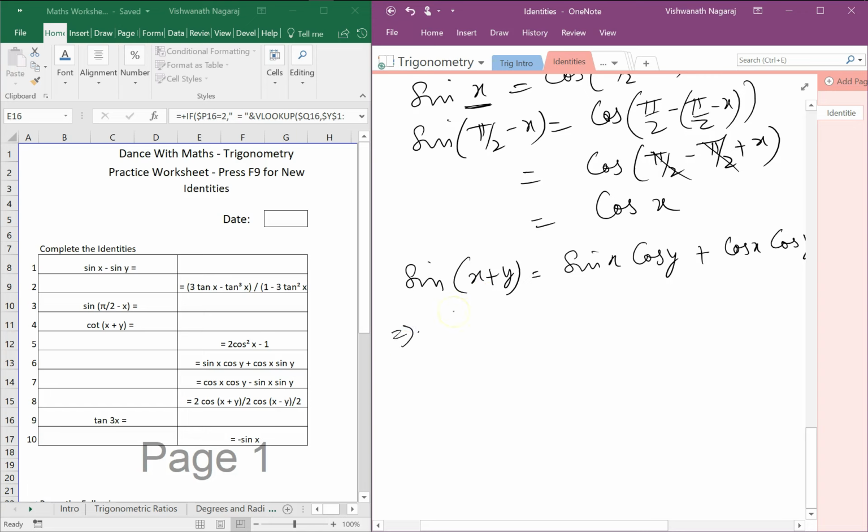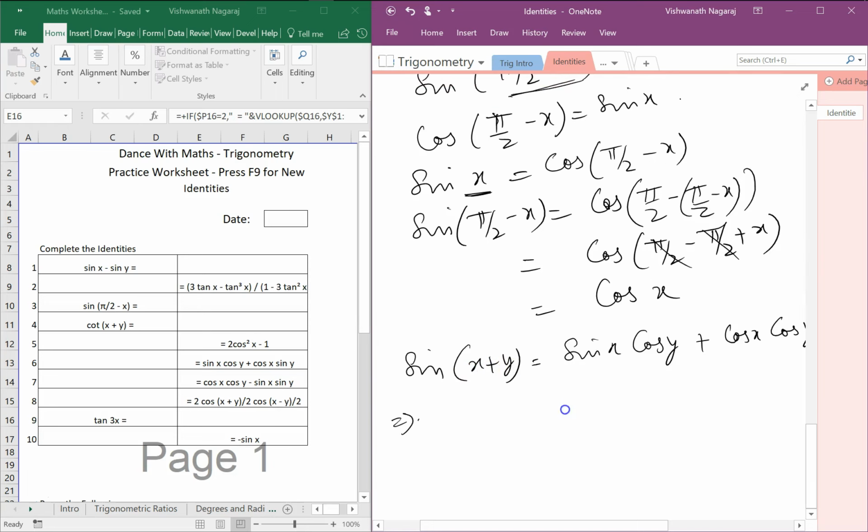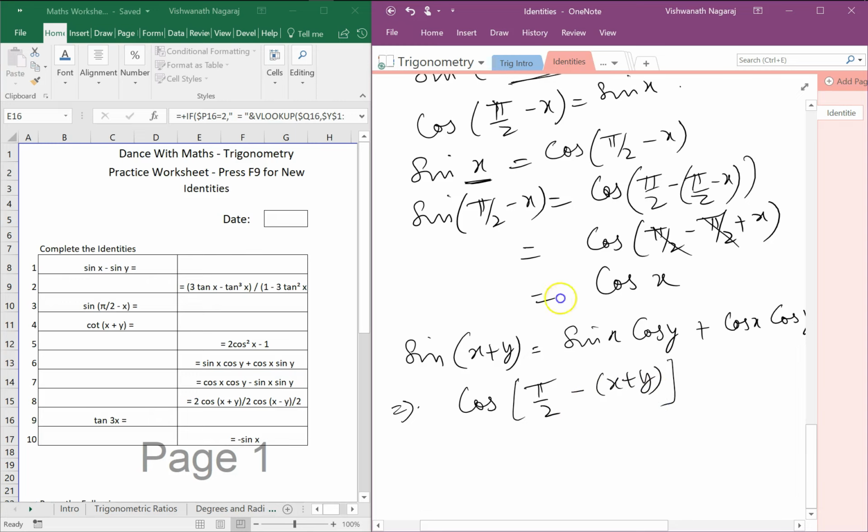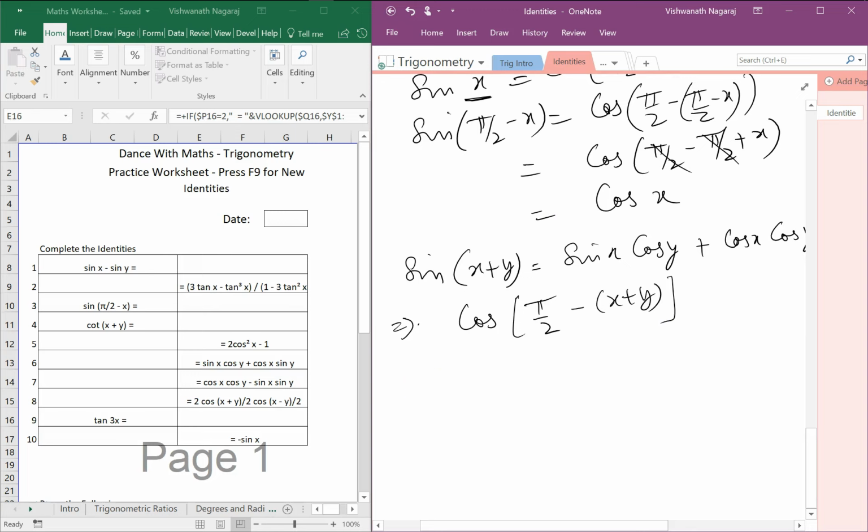Now from previous identity, what do we have? Sin x plus y can be written as cos pi by 2 minus x plus y. Yes. Now this can be rearranged.